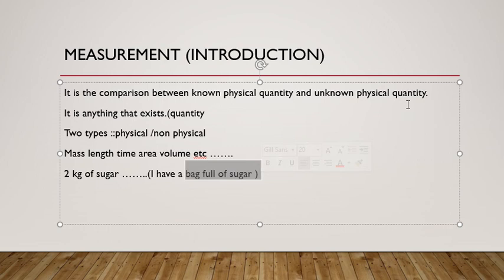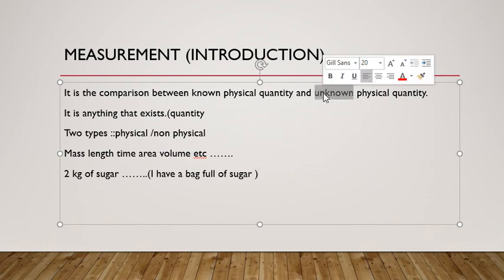Simply, sugar is a physical quantity, we know that. But for a bag full of sugar, there is no certain measure. We don't know how many kg that bag is. It means it is unknown. So we have to measure that out later. It means an unknown physical quantity.